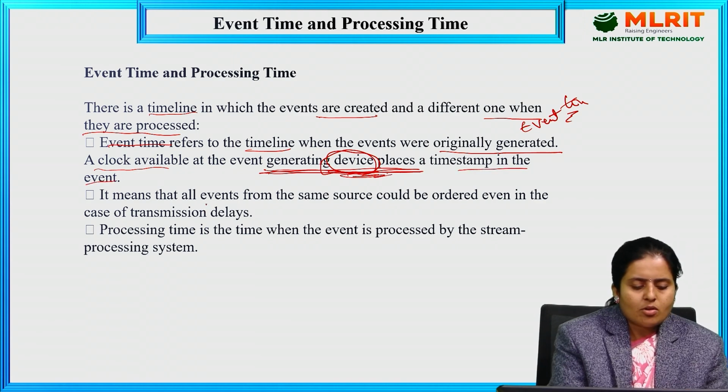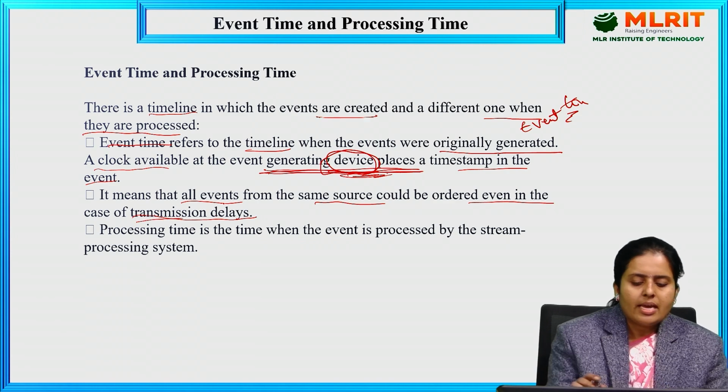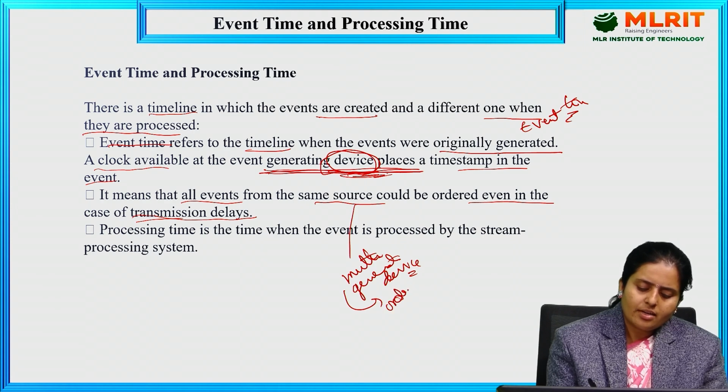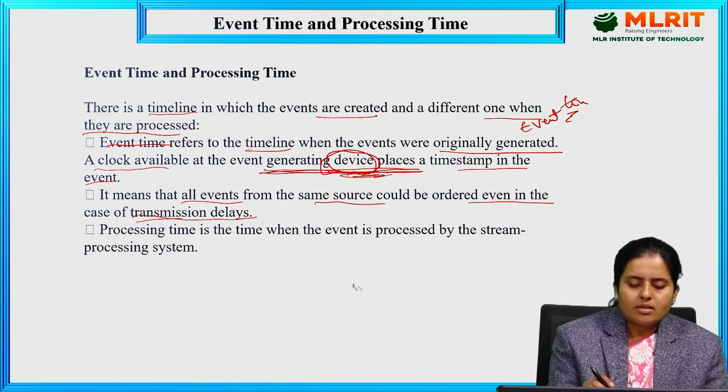It means that all the events from the same source could be ordered even in the case of transmission delays. If multiple events are generated from the same device, they are all generated in a particular order.